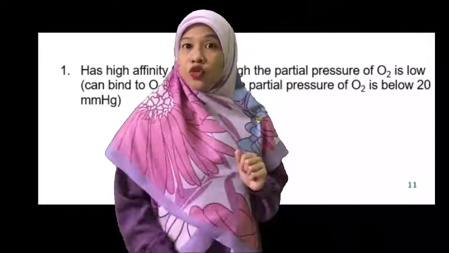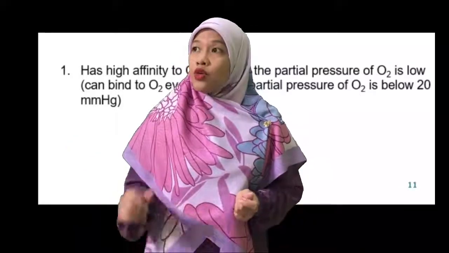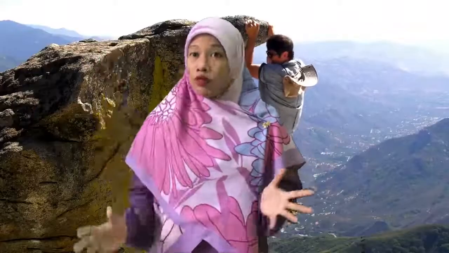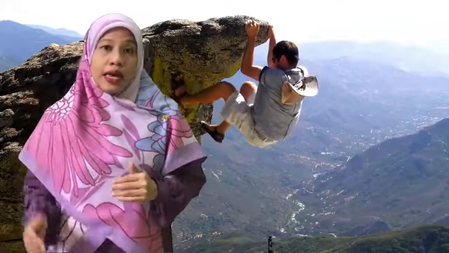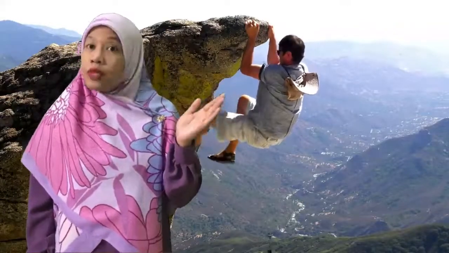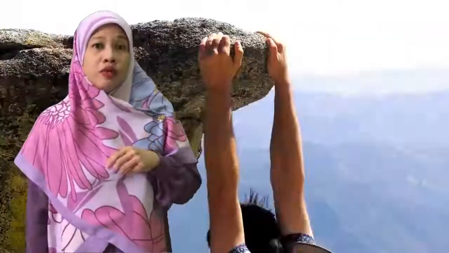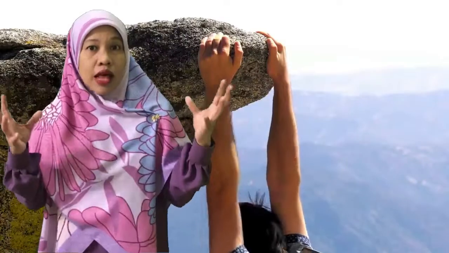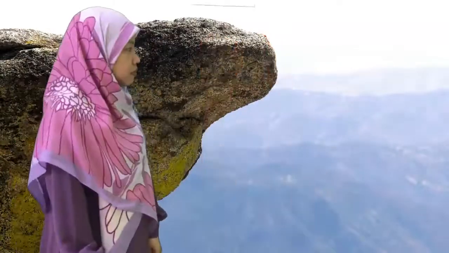So it is a very crucial benefit for us because, for example, when you go hiking up a mountain, we know that the atmospheric pressure will be lower, and then the partial pressure of oxygen will be low. But our hemoglobin can still bind to oxygen, which allows the cells to get the oxygen supply that they need.